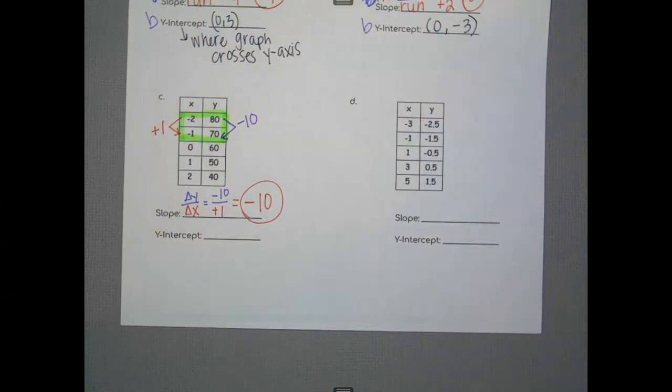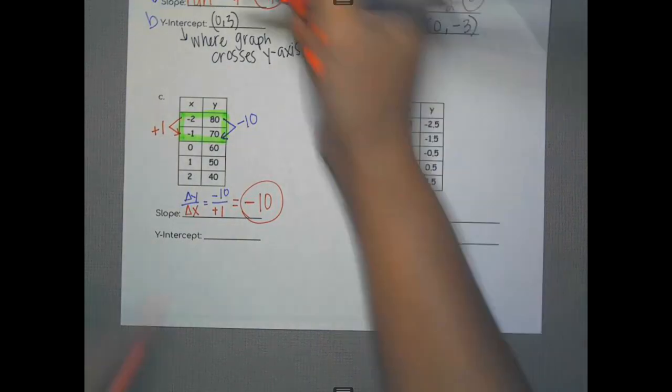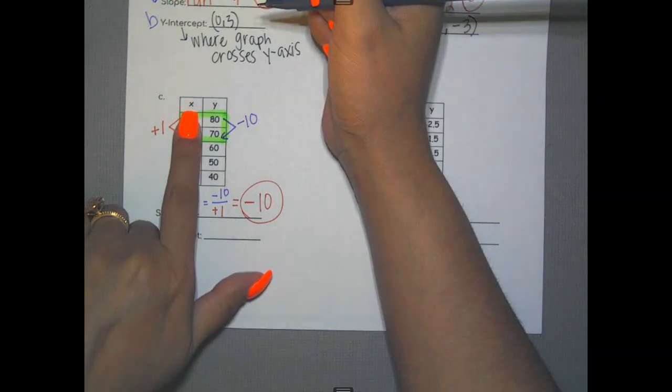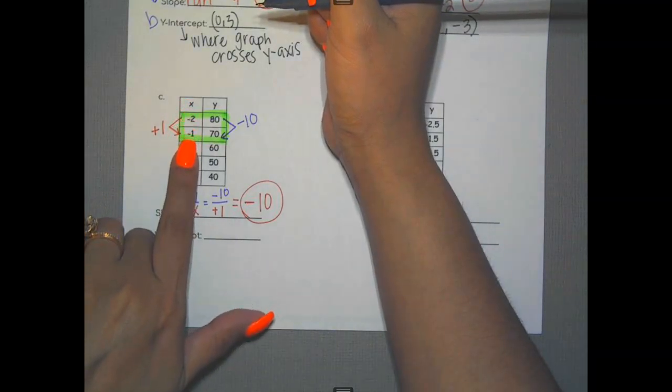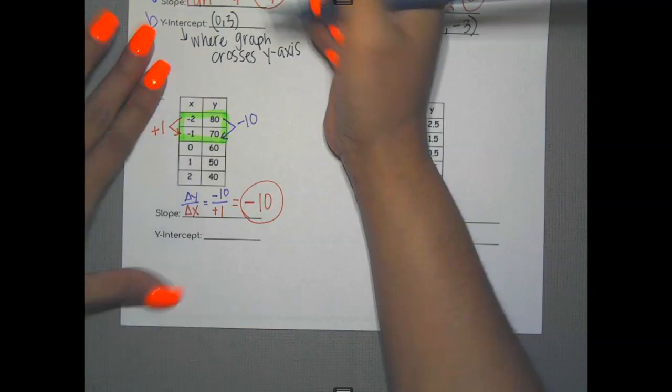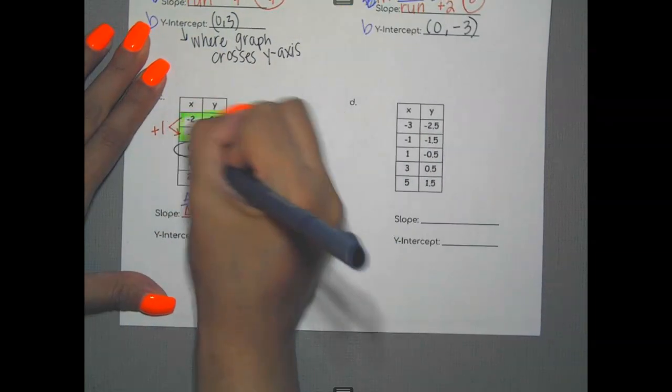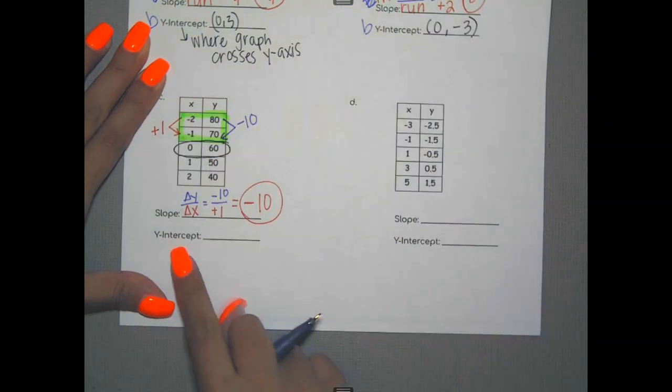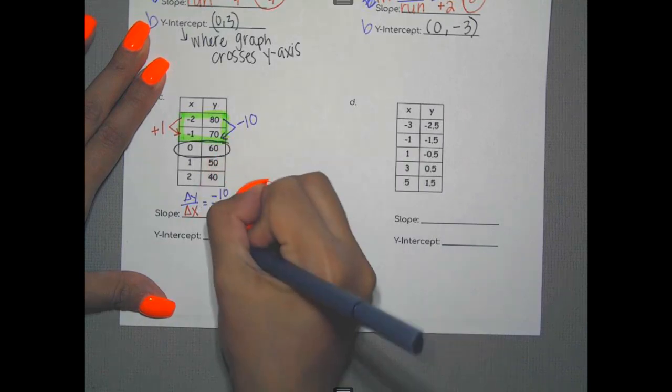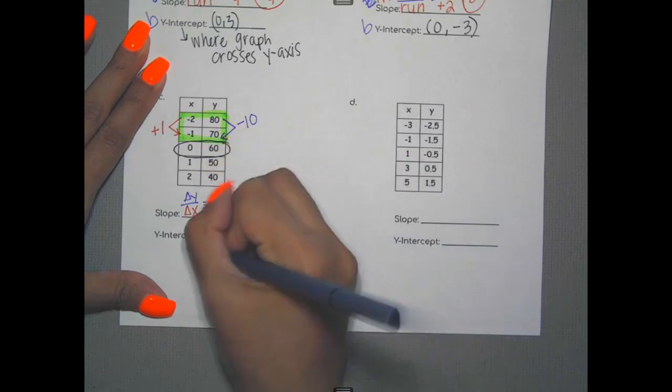And whatever number is in my y for that, when x is 0, that is what my y-intercept is going to be. So I'm just going to look at my x's until I see 0. -2, -1, 0. That's what I need. So my y-intercept is (0, 60).